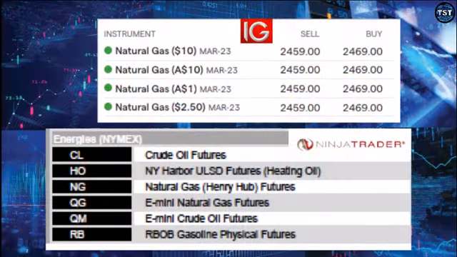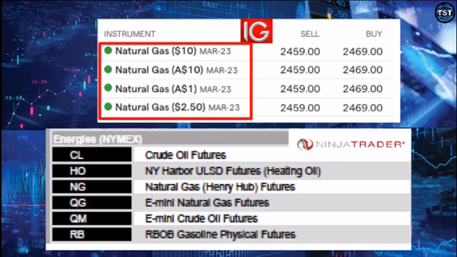Financial instrument symbols are often amended for smaller contract sizes. For mini and micro contracts, brokers may change the symbol either to indicate the size of the contract in brackets, to add M to the name to indicate a micro contract, or to change the symbol completely. For example, for natural gas, IG Markets uses the code NG, but also includes in the title the full name, natural gas, and the specific contract value in brackets afterwards.